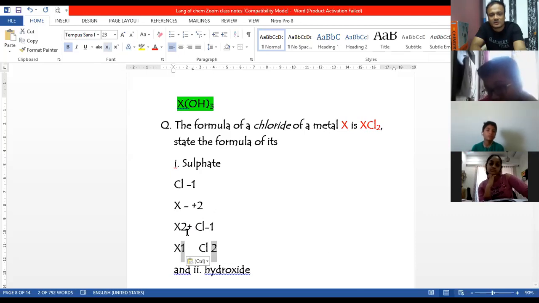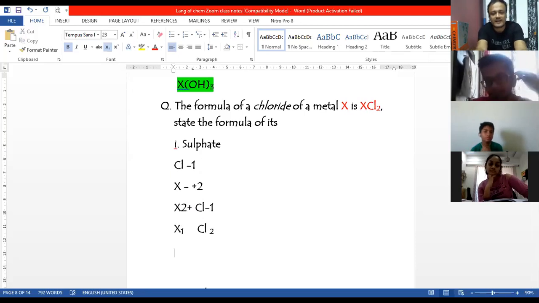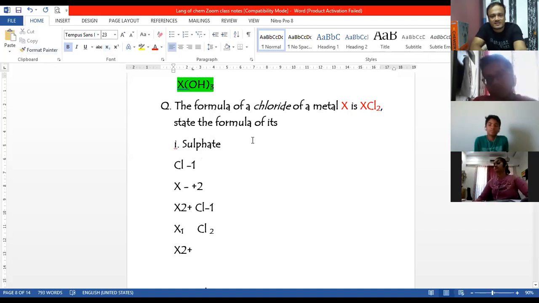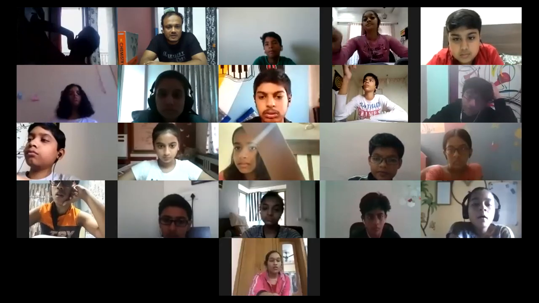Okay, so from this we get to know that the valency of X is 2 plus. So when we know the valency of X is 2 plus, find the formula.